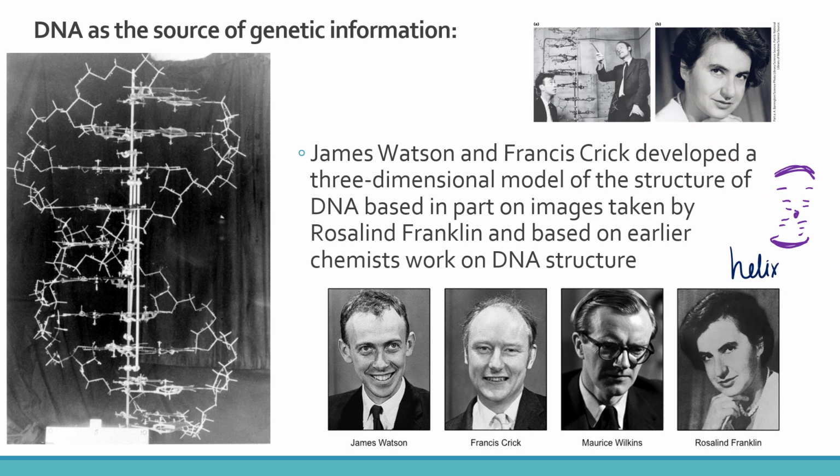And then based on the pattern of these dots, they recognized that it was actually a double helix. They could also use the distances between these different shapes to determine the width and the turn ratio of that double helix.